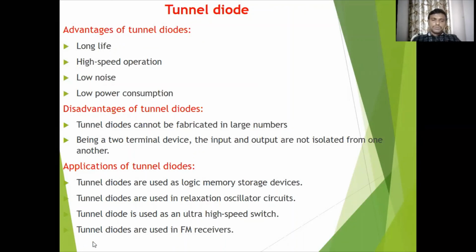Next we are going to discuss the UJT also. Tunnel diodes are used in logic memory storage devices and in relaxation oscillators. Another application is as an ultra high speed switch, because for a small voltage a high amount of current will flow. That means the tunnel diode goes into the on condition within a very short time, and the current rises sharply.